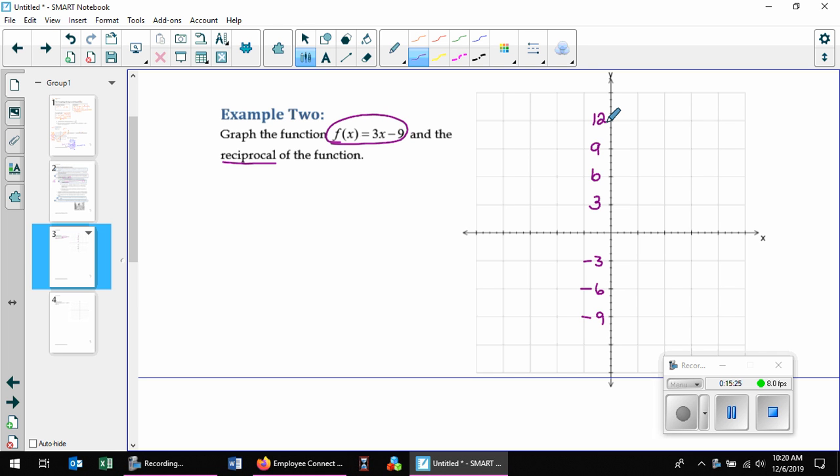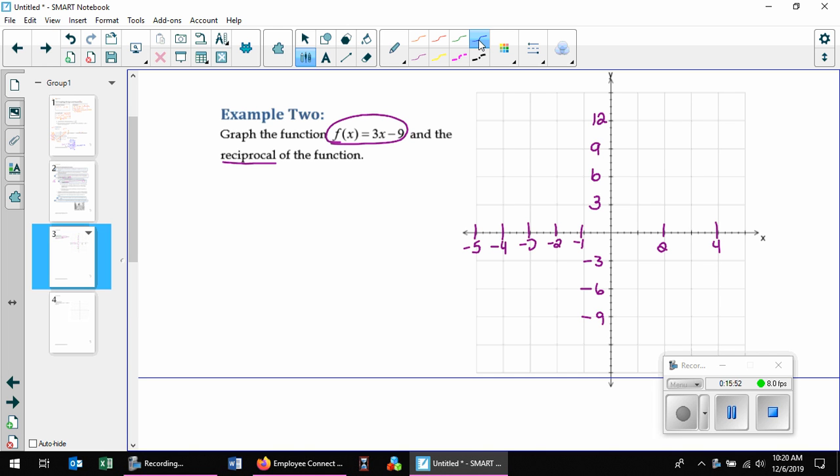So let's go by ones here. Let's go to the 3. Okay, so you guys know how to graph by the intercept method?